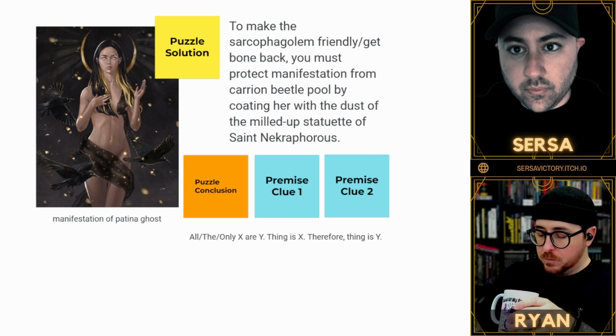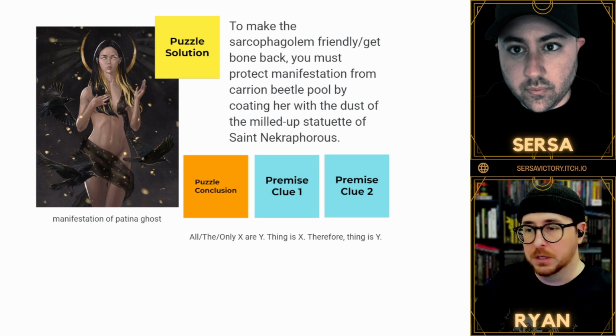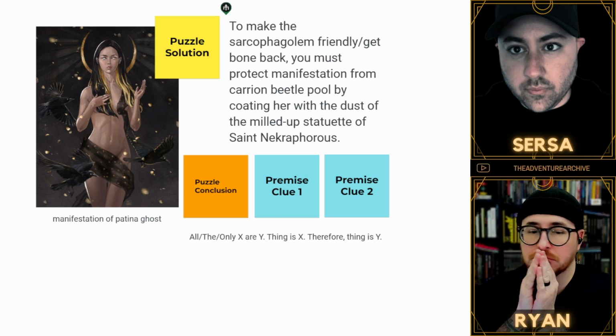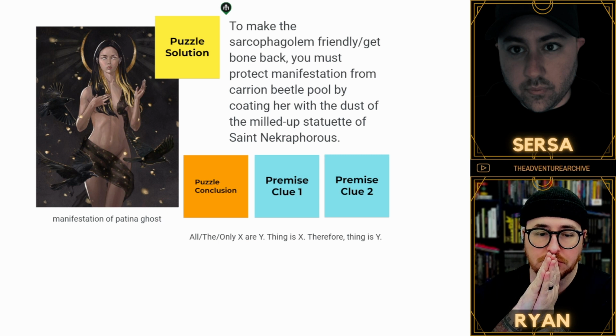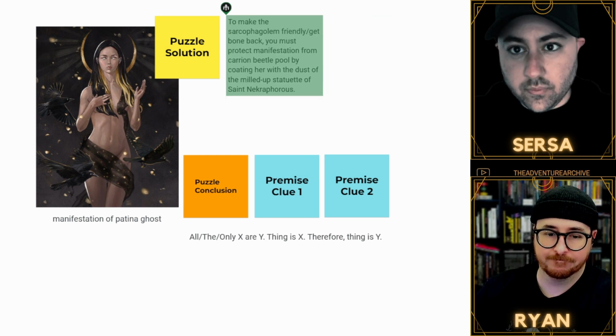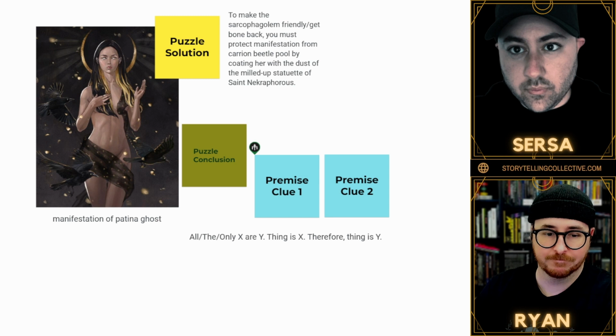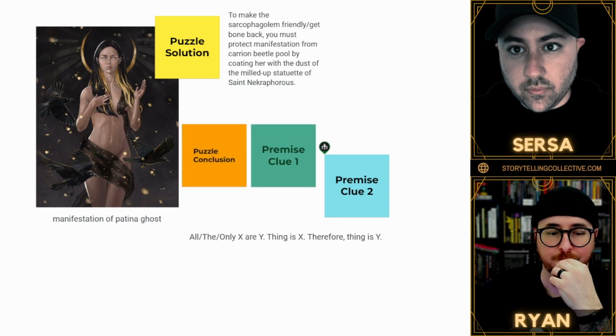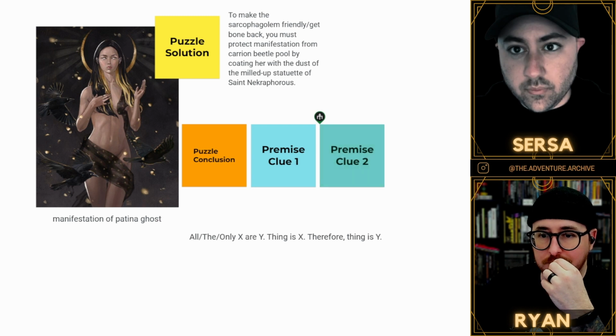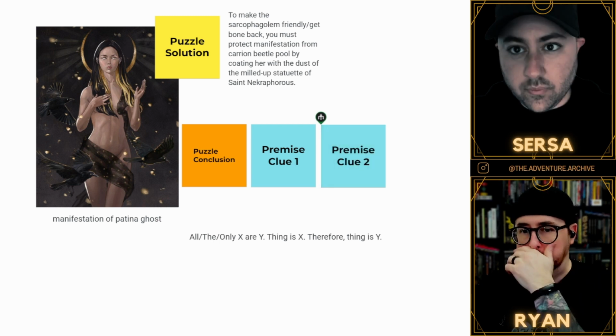So the next thing we're going to do is get cooking on our syllogism. As I said, we're going to be hitting on stuff that we talked about in the previous episode. If you have no idea what I'm talking about, definitely go back and check out the previous episode.